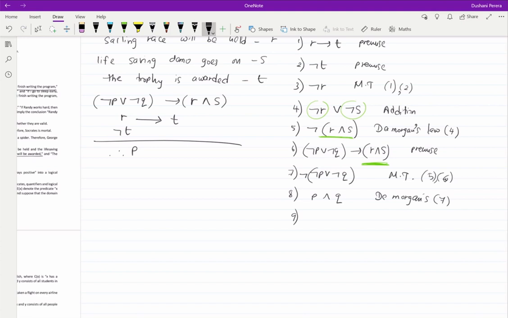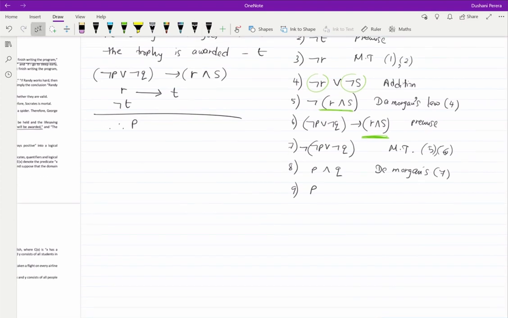Since from these two what I want is P, I'm going to take P out, and my rule is simplification, but I'm not going to write simplification in English here. I'm going to use the notation. Since this is an AND and you're not introducing anything, you are eliminating something, so it is E. What did you take? It's the first, so it's E1. And what did you use to do this elimination? It was the eighth premise, so it was the eighth. And now you have the answer you were looking for.